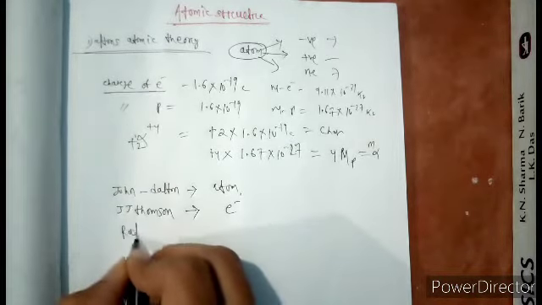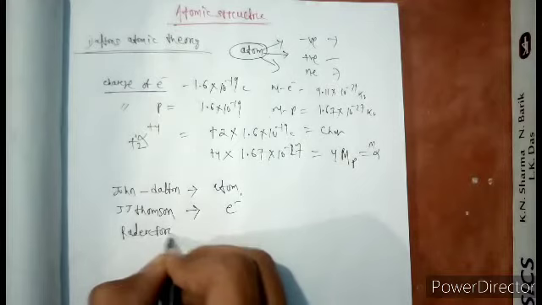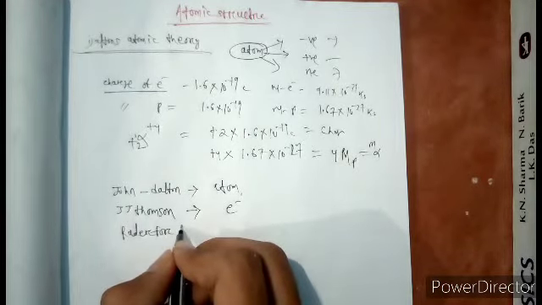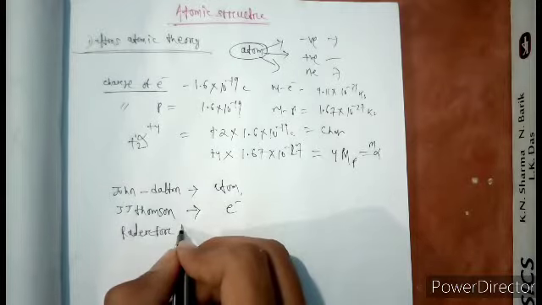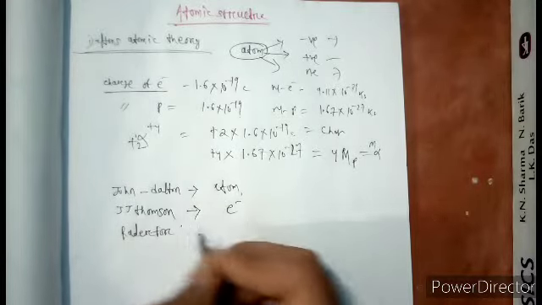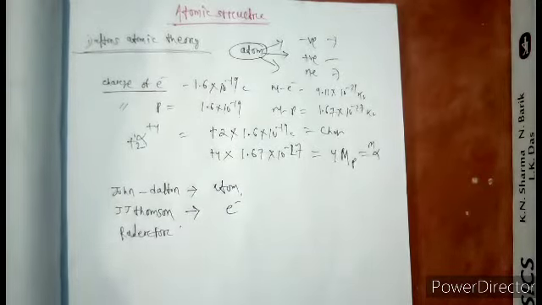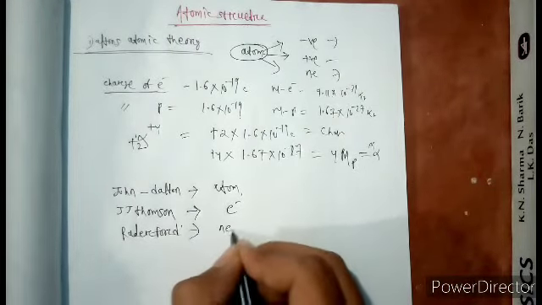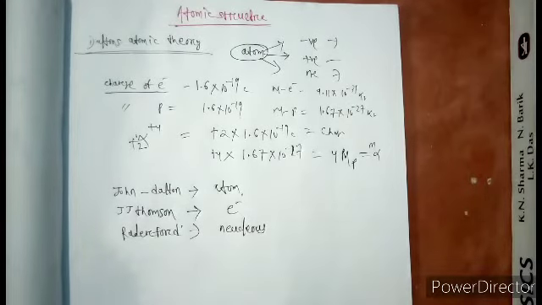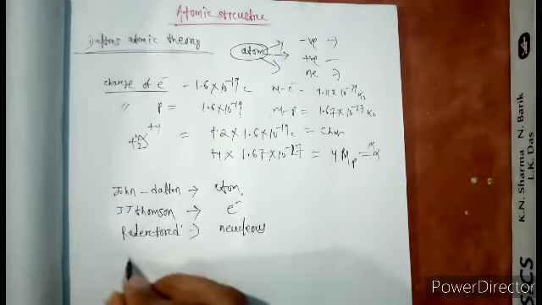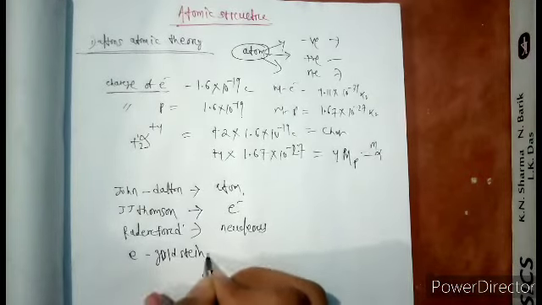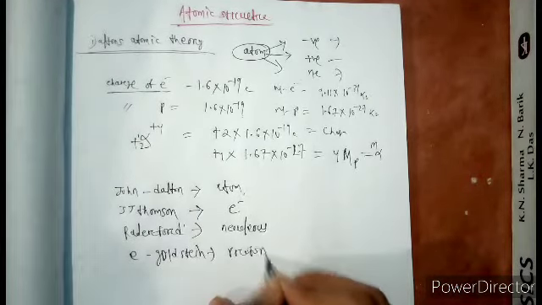Then Rutherford was the discoverer of the nucleus. And Goldstein was the discoverer of the proton.